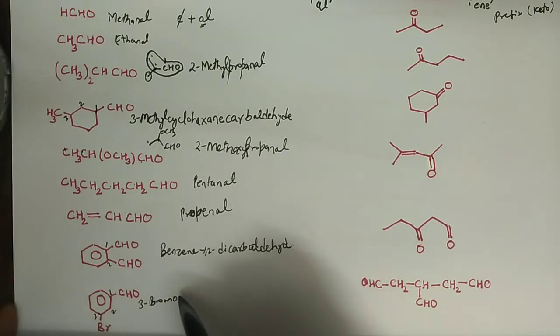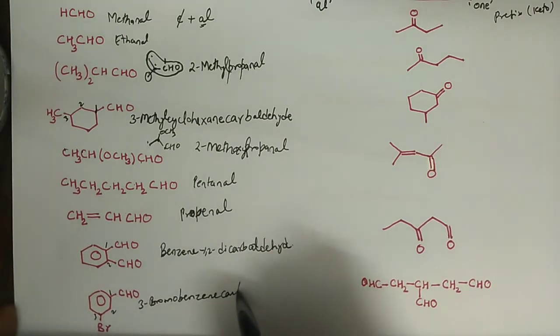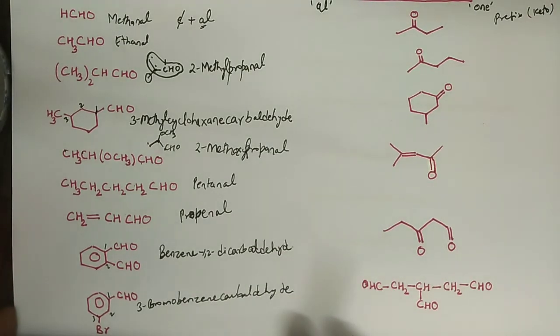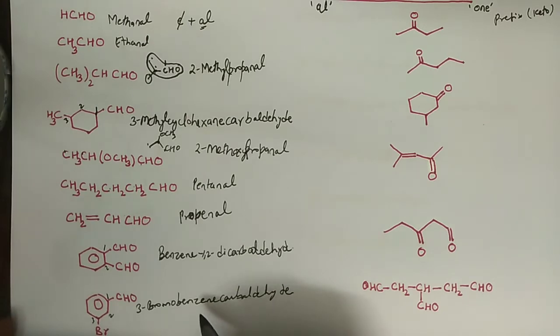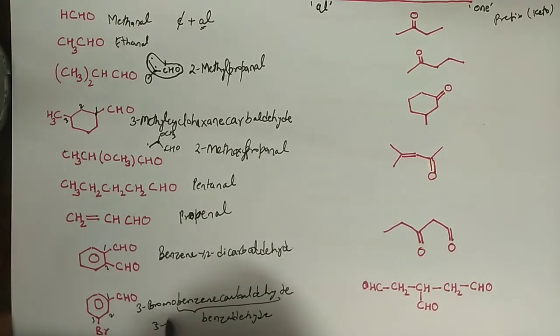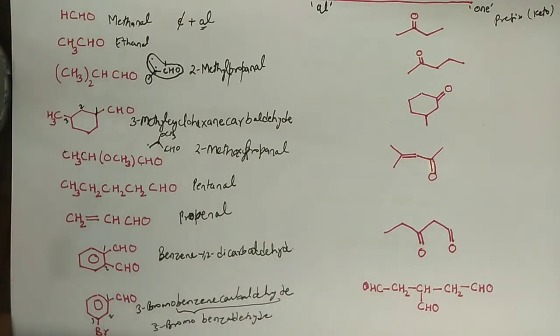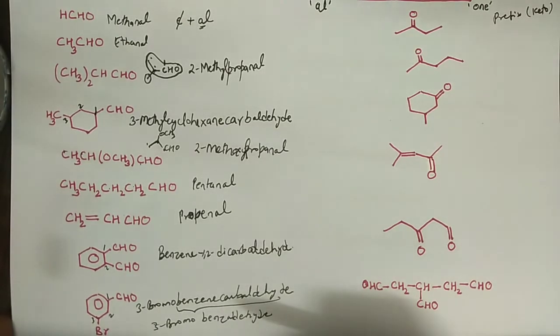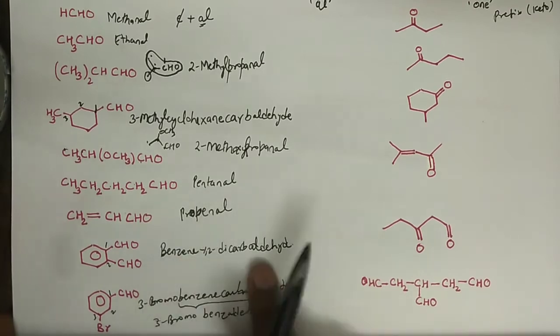And you can write here benzenecarbaldehyde, right? And there is one more substituted word for benzenecarbaldehyde, and that word is benzaldehyde. So you can write here 3-bromobenzaldehyde. This is also correct. So 3-bromobenzenecarbaldehyde, 3-bromobenzaldehyde is correct. But here you cannot write dibenzaldehyde.